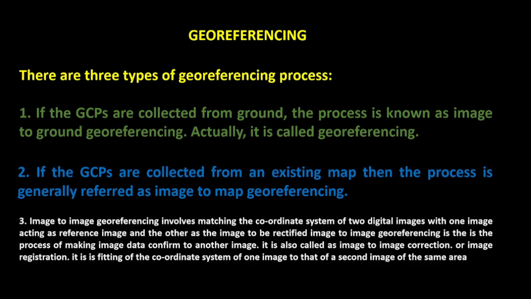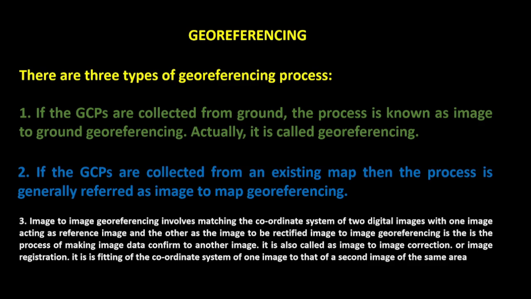Now the second type is, if the GCPs are collected from an existing map, then the process is generally referred to as image to map georeferencing. Suppose I have a map, let's say a topographical map, and we know that the topographical map contains coordinates, latitude, longitude, which are also called geographical coordinates.